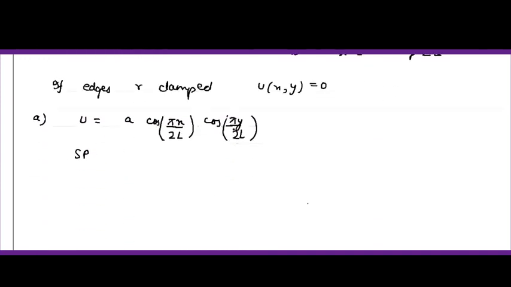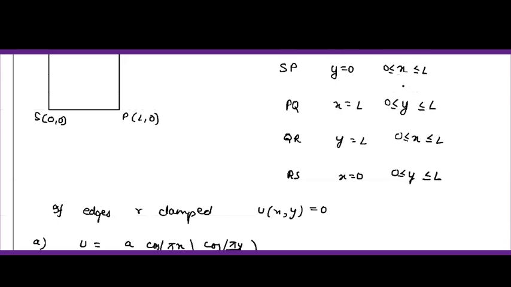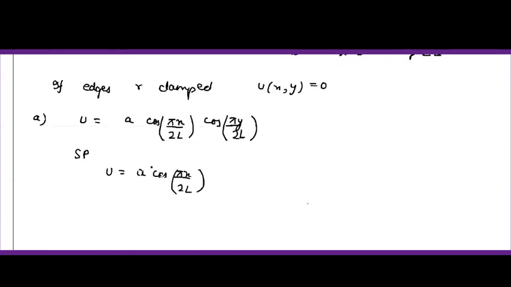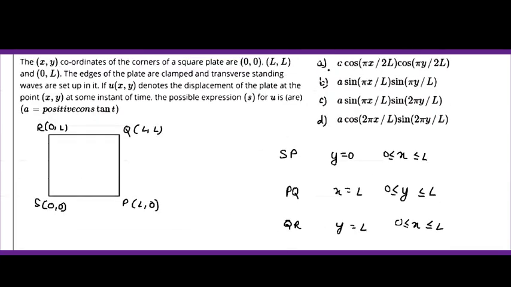If you put y as 0 into this expression, then u would turn out to be A cos(pi x over 2L). Now, this would not be 0, because this factor would not be 0 for every value of x varying from 0 to L. So this cannot be our option.